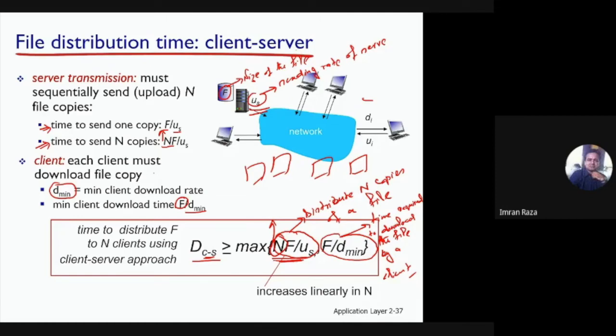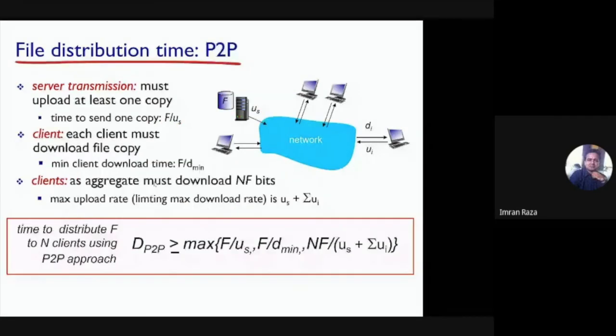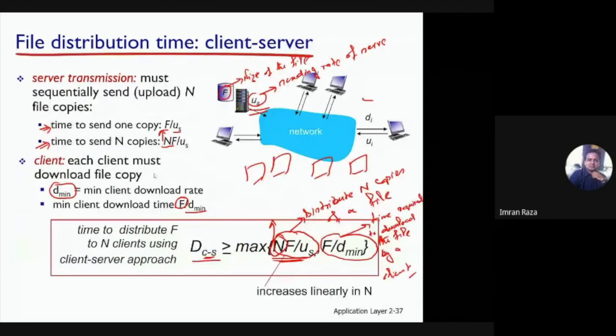So if I want to scale it up, what do you think we have to do? I have to add more servers here, right? Only then can the time to transmit a file be reduced. Otherwise, it's not scalable, right?